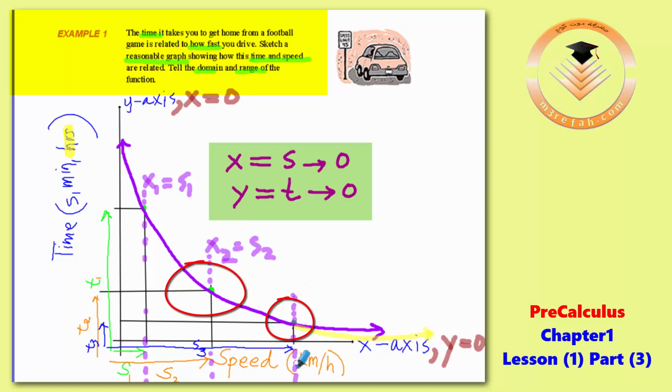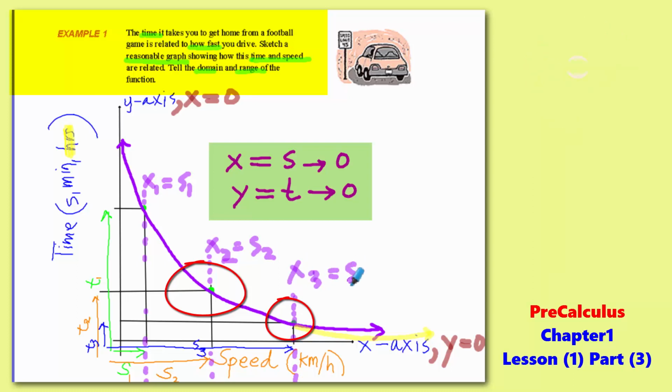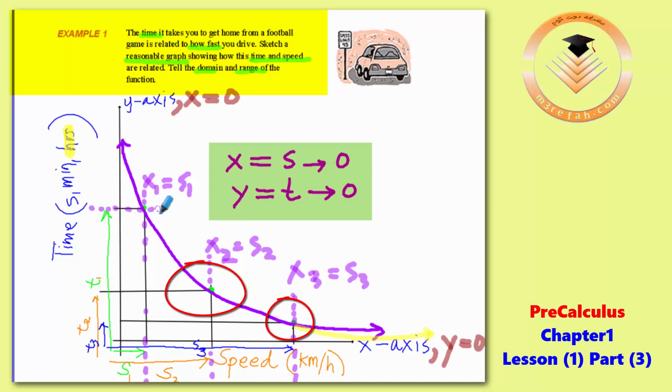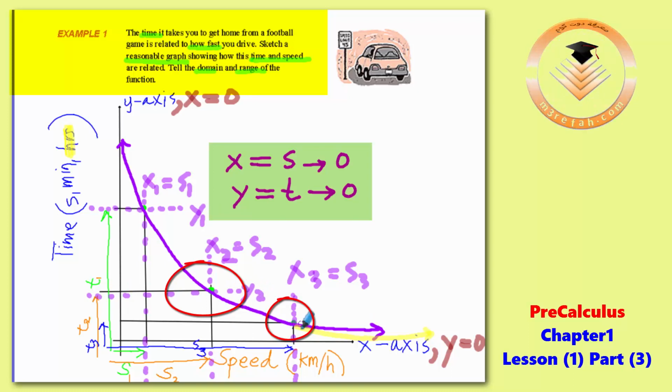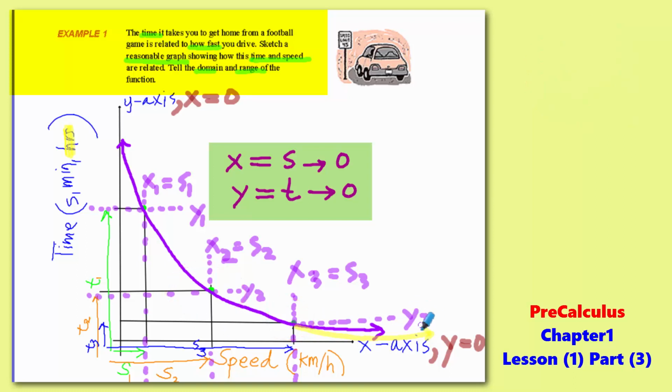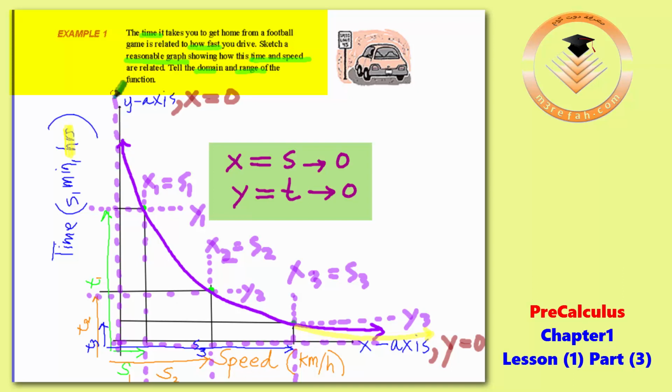This is x3 is equal to S3. So as you can see, this one is also equal to y1. This is equal to y2. This is equal to y3. And of course, this part here is equal to y is equal to 0, and this part here is equal to x is equal to 0.